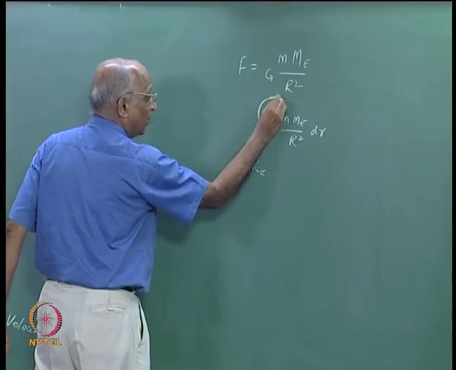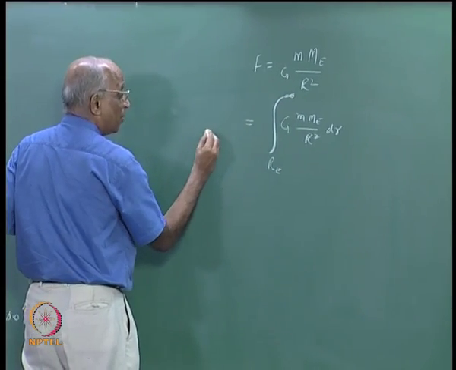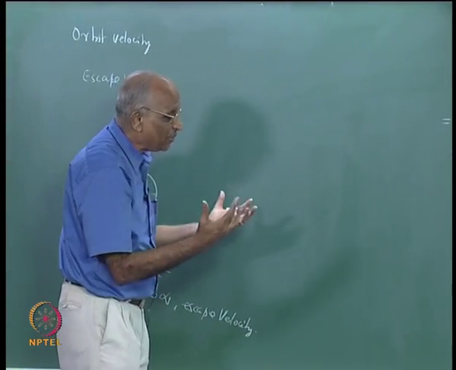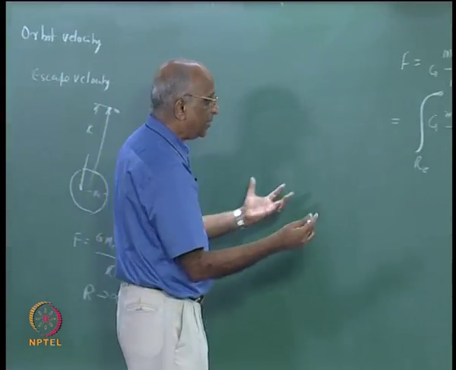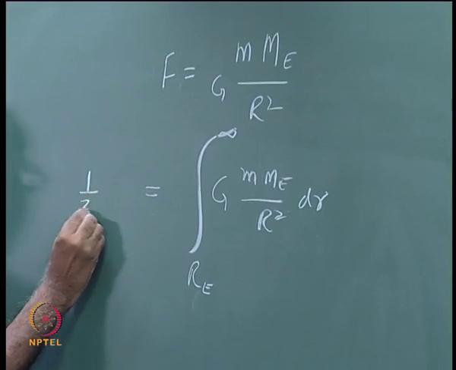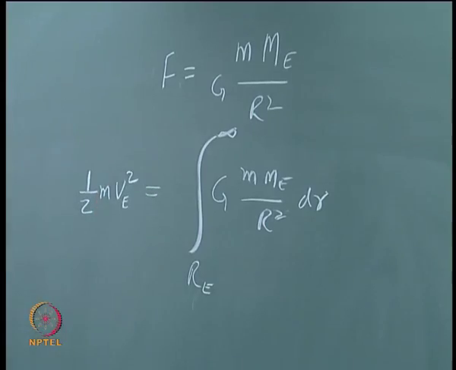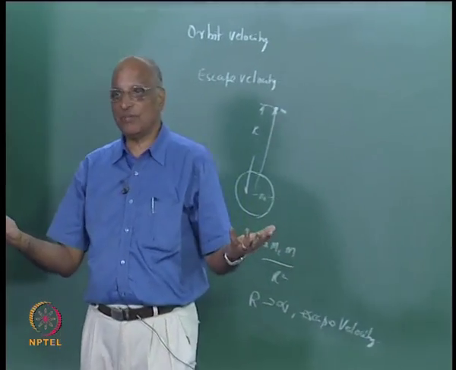I want to go to infinity, and therefore this must be the type of velocity that I give. And how do I give the velocity? I give kinetic energy to the body, therefore I give half m v_escape squared, and this is the escape velocity.